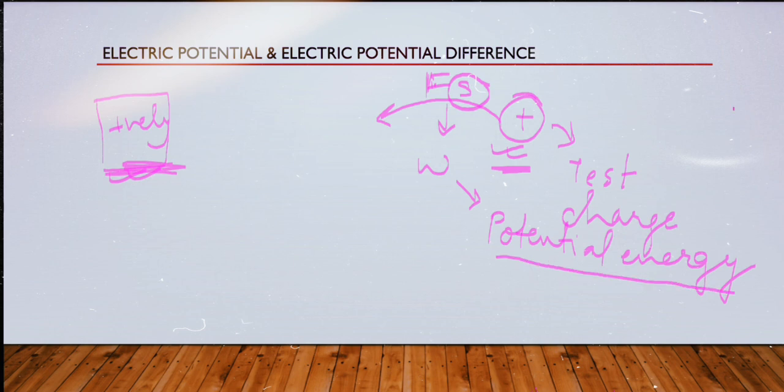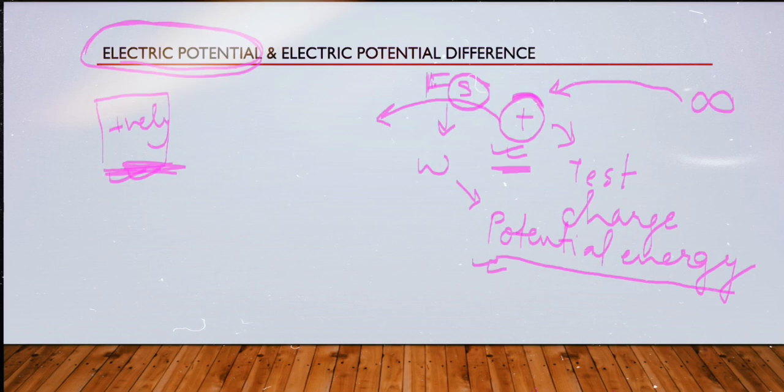Here we are bringing the charge from infinity. Infinity means we don't know where this test charge was kept. So when the charge is brought from infinity to one point, the work required to be done is called electric potential. Clear?